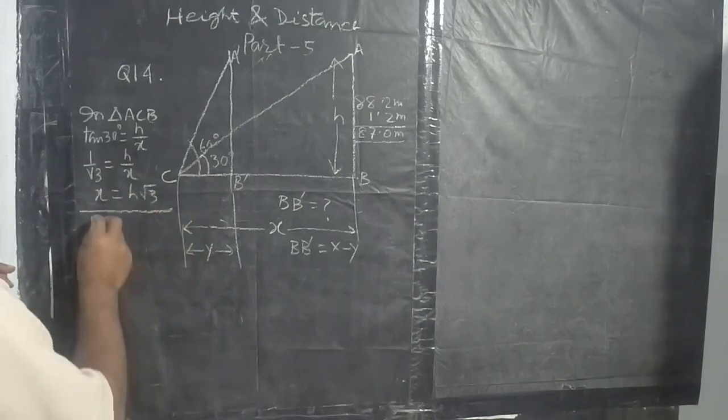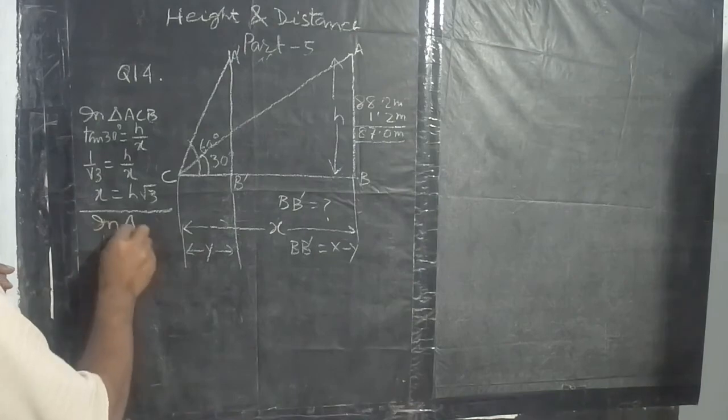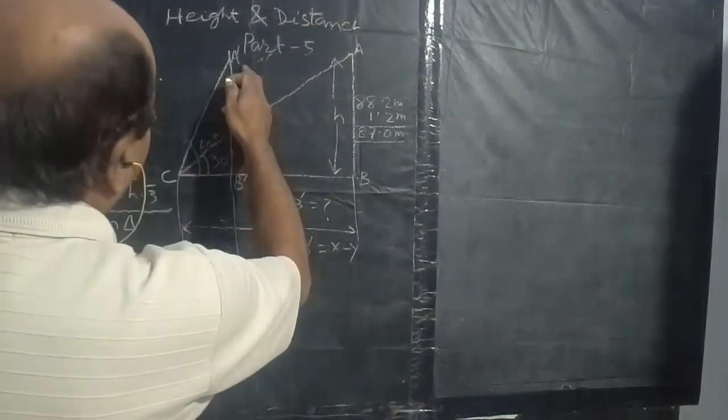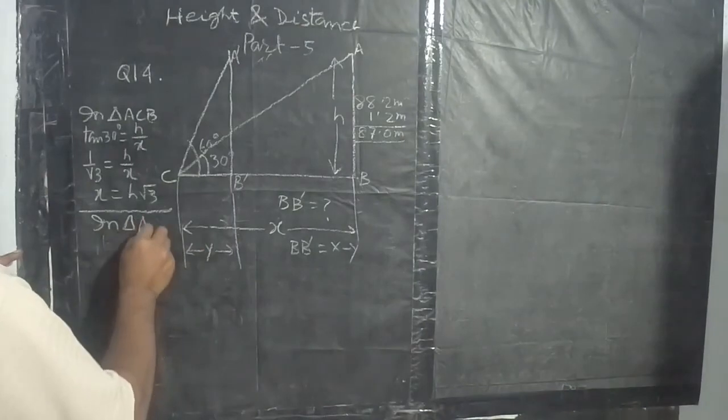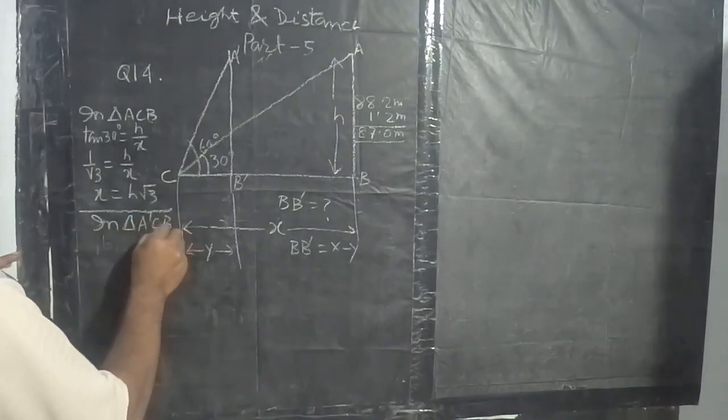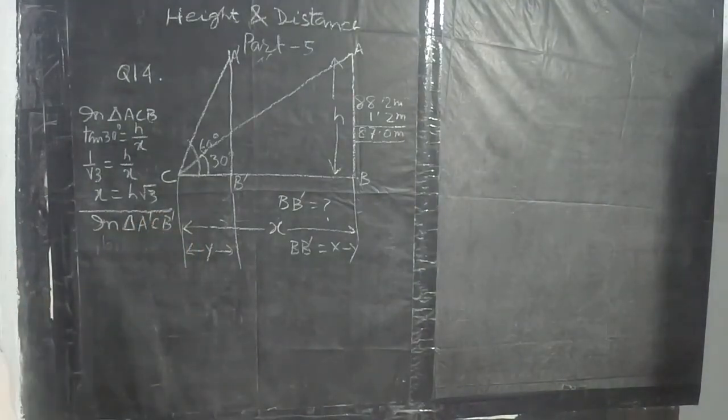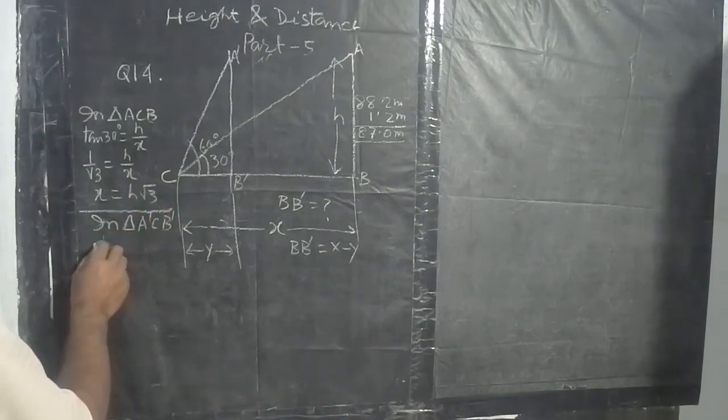Now in triangle A dash C B dash, that is tan 60 degree.